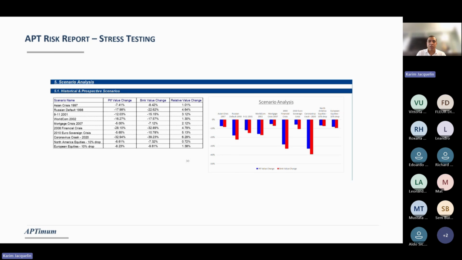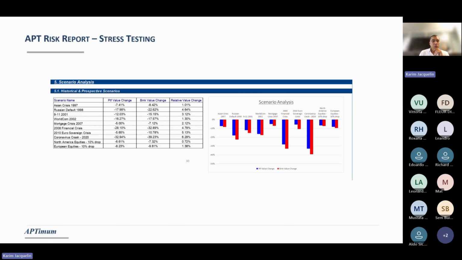So it's expected that the relative value change is positive under negative scenarios. And we also produce stress tests on prospective scenarios. So we have a prospective scenario of a 10% drop in North American equities and a 10% drop in European equities.